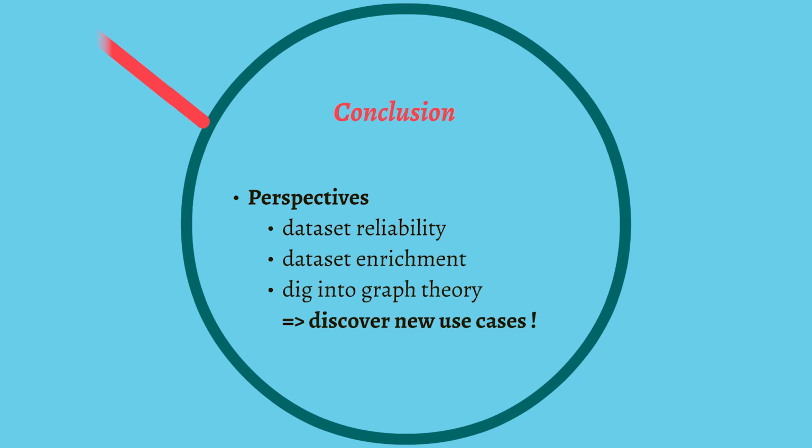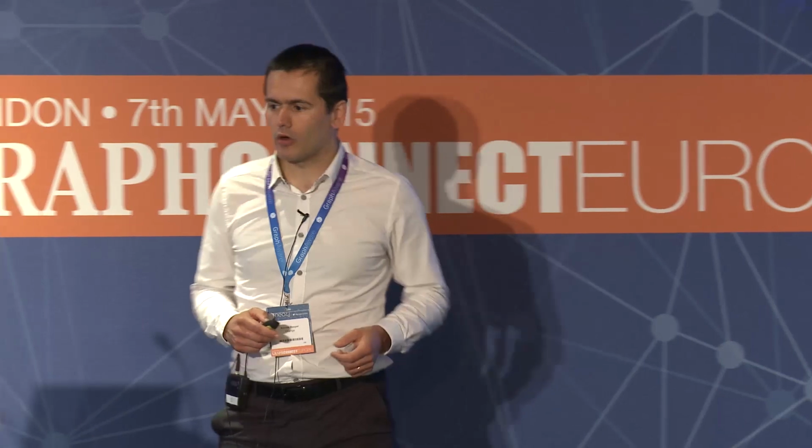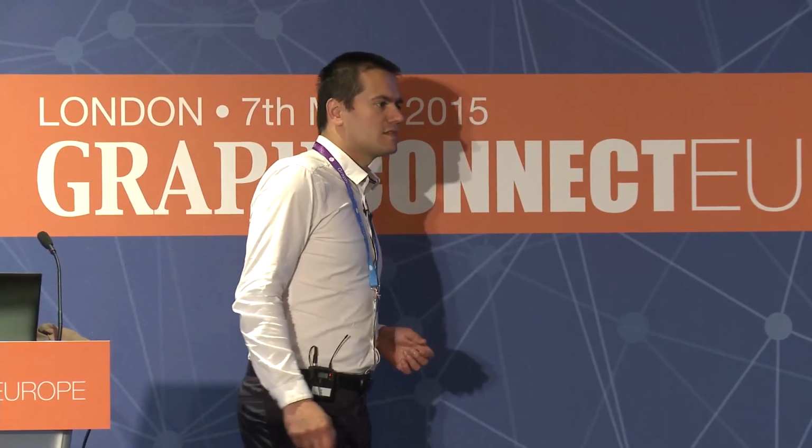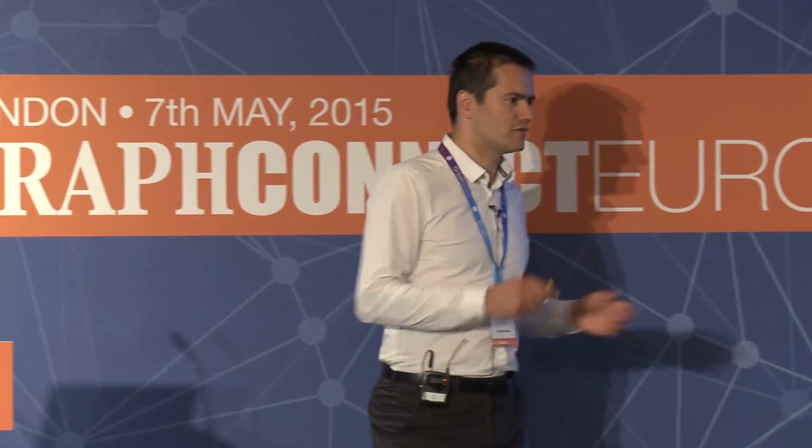And I think graph theory can produce many, many more use cases. I quoted one for IT anti-patterns, spaghetti plates, and so on. But there are many more. So I'm convinced that we can discover new use cases by digging into the graph theory with our data loaded into Neo4j.